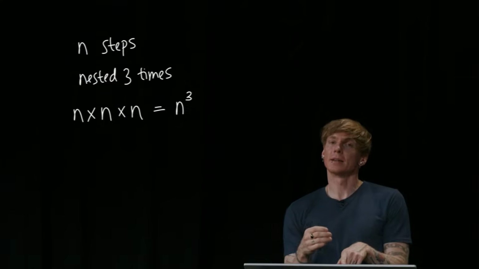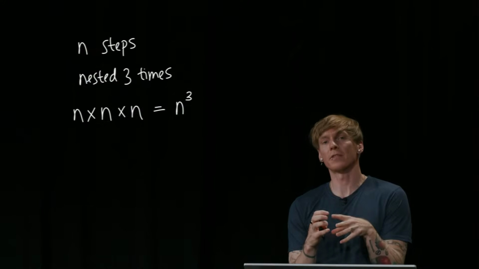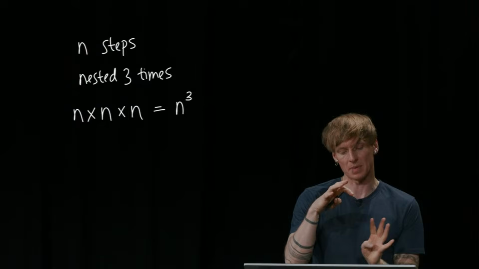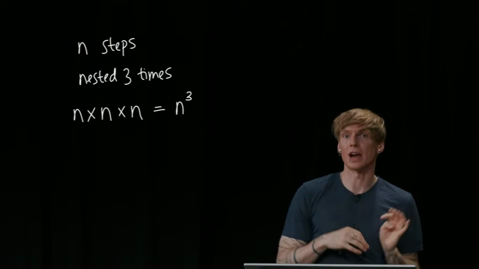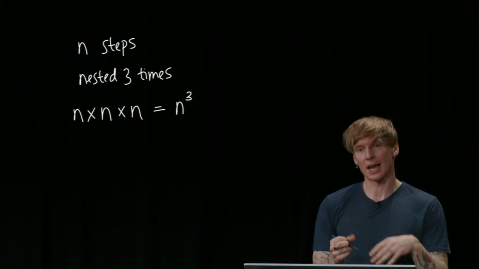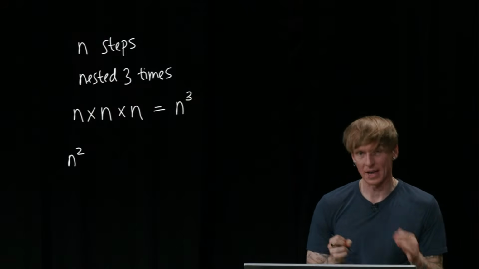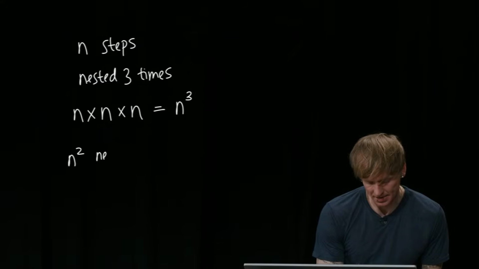But now if we did the same kind of problem, the same kind of idea, but what if the program we're running, rather than being n steps and order n, what if it was n squared? So again, we still have it nested 3 times, but maybe we now have n squared nested 3 times.